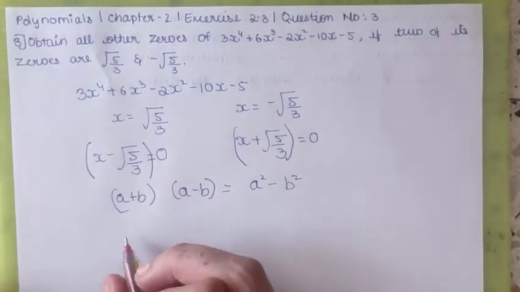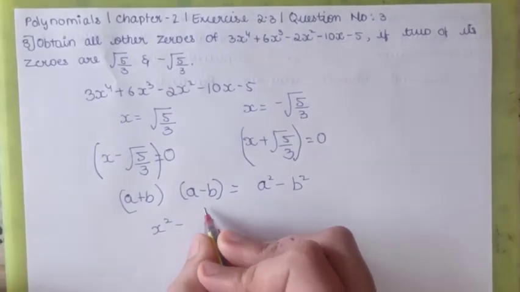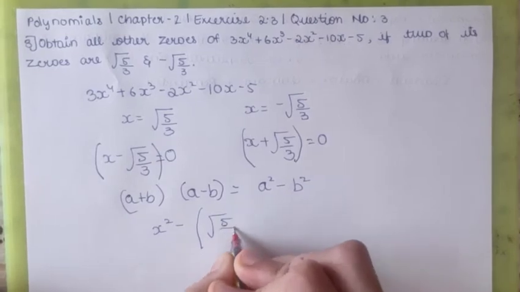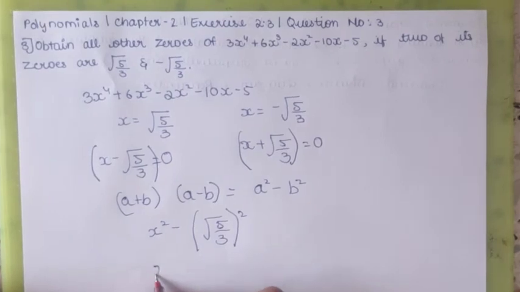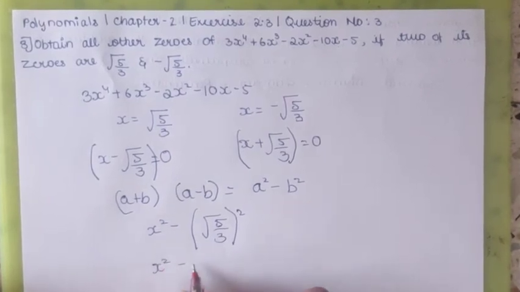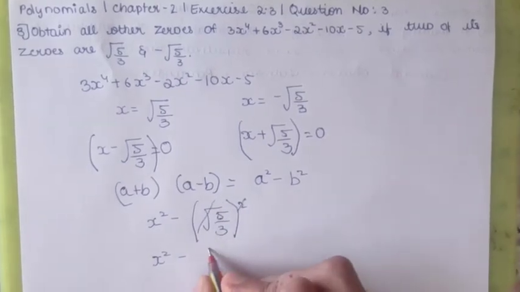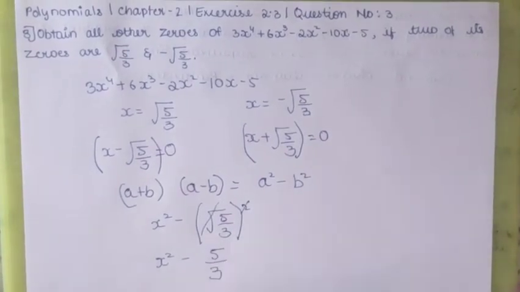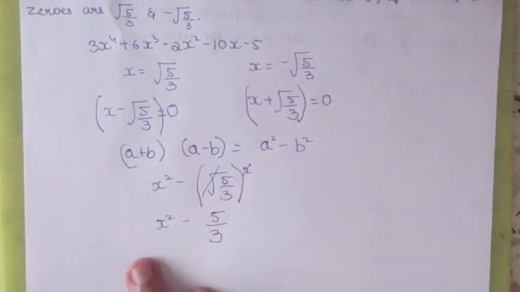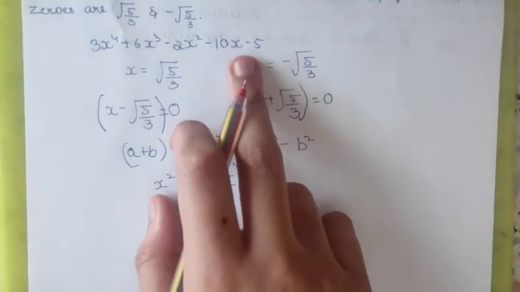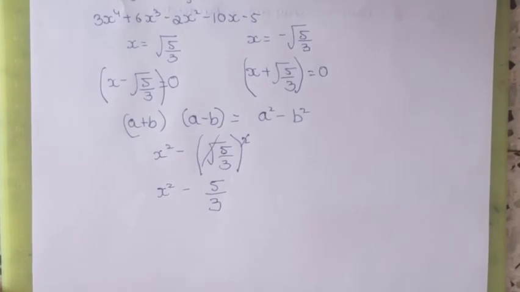That becomes x square minus root 5 by 3 whole square. Here the square and the root will cancel, so that becomes x square minus 5 by 3. So this is our g of x. We have to divide p of x by this g of x to get the other zeros.